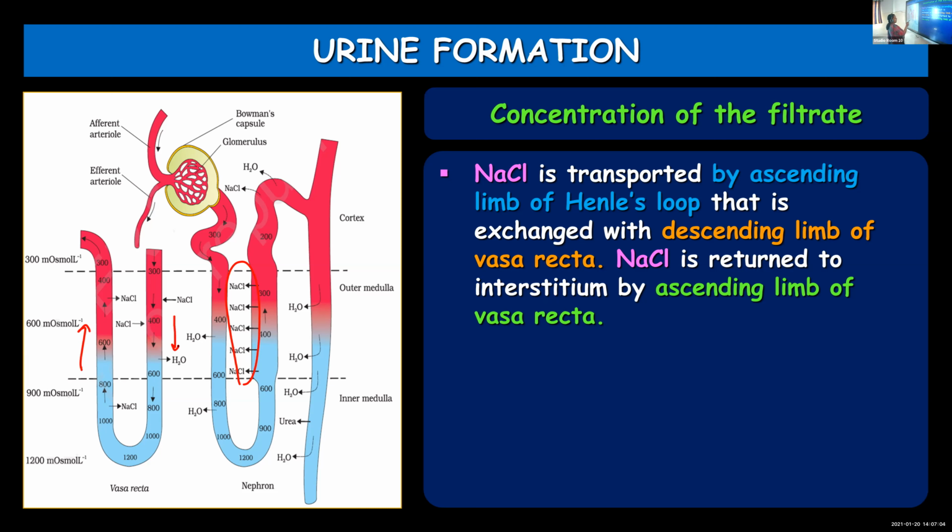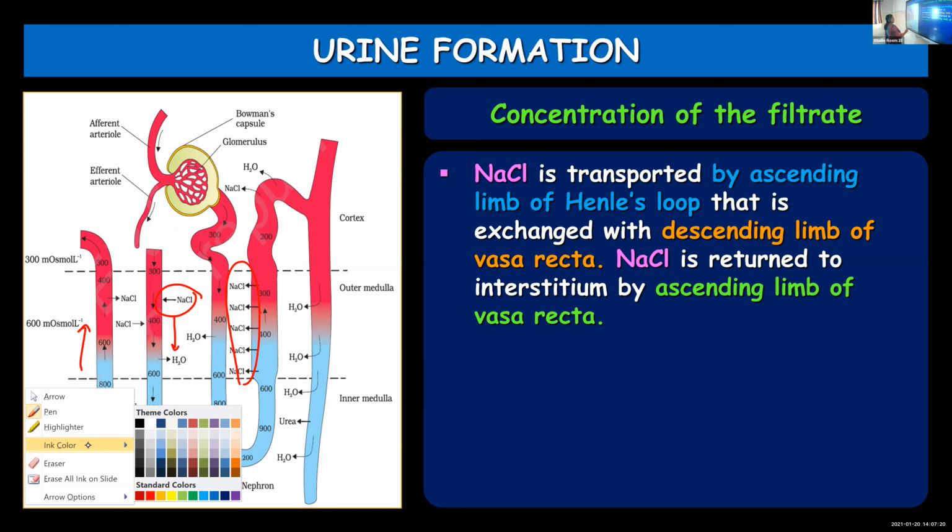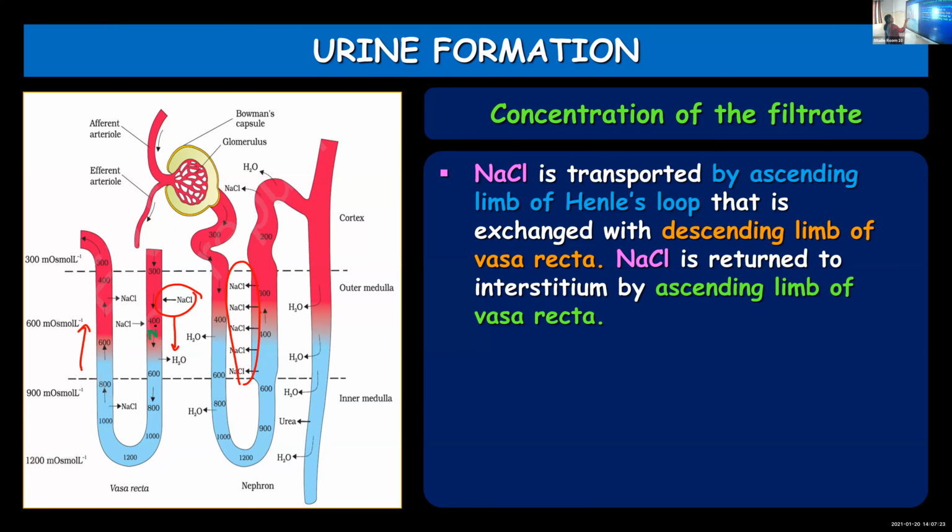So the sodium chloride, which is released from here, will be taken up by the descending limb of vasa recta. But when this reaches here, the ascending limb, this will be released into the medullary interstitium. So more concentration of solutes are reaching the interstitium, their concentration or osmolarity will increase.